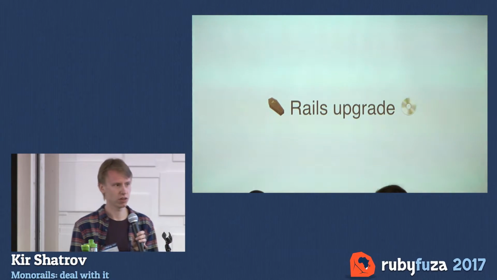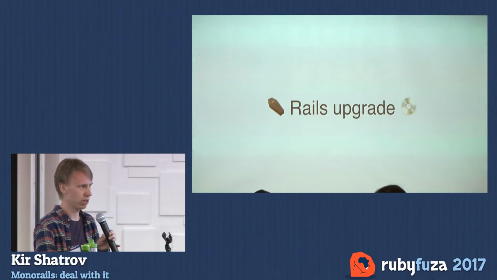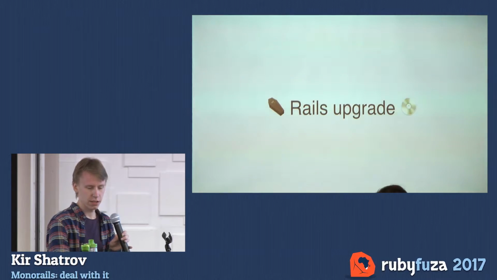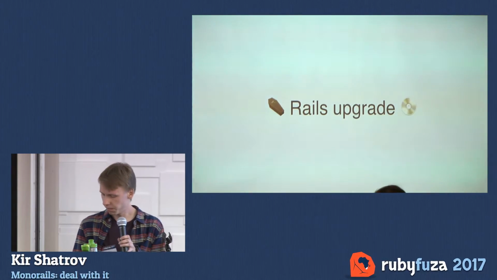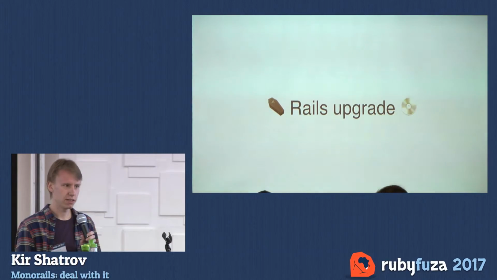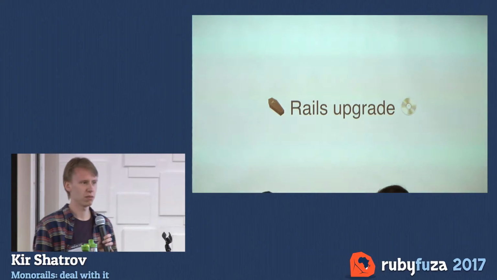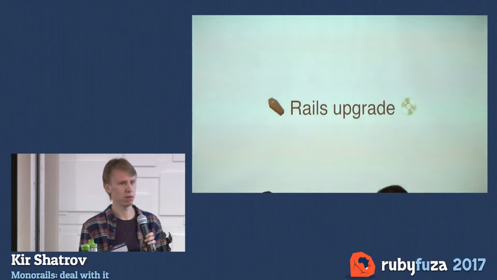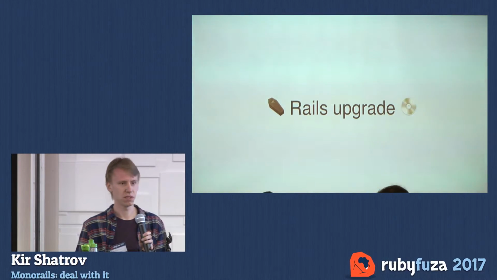It took us a really long time to upgrade, and we learned some tricks during the upgrade. The idea is that for a smaller app, you can upgrade Rails in a separate branch and merge that branch when it's ready. In our case, people update master many times a day.